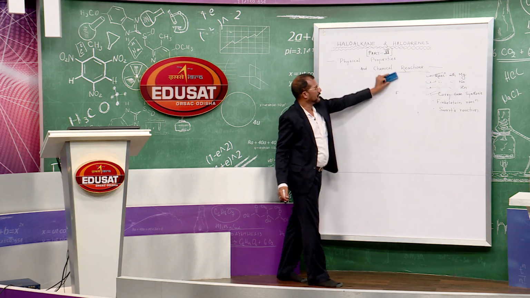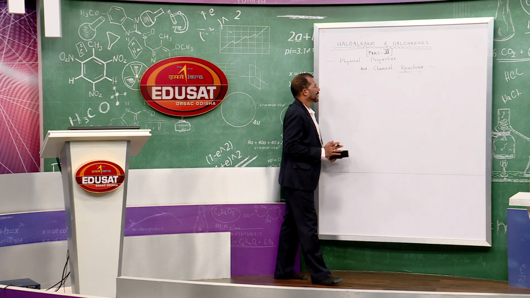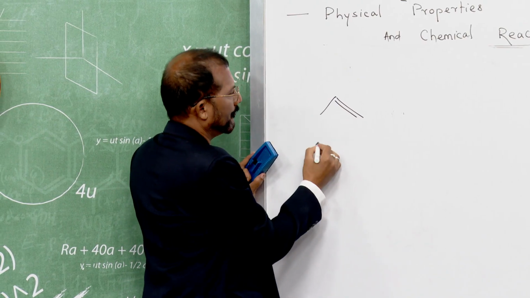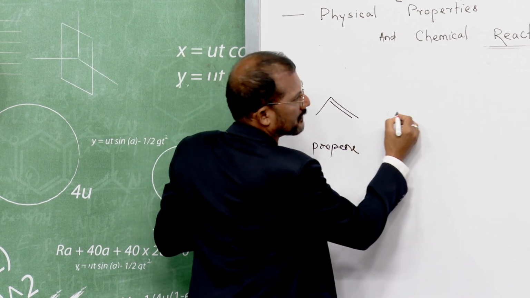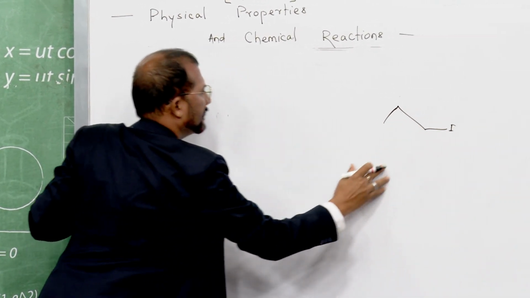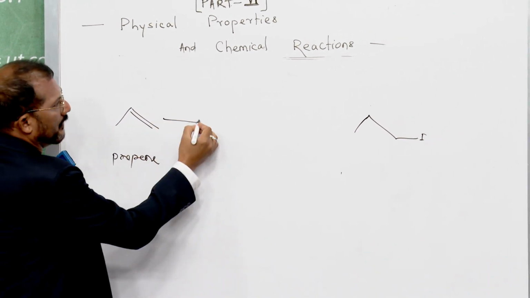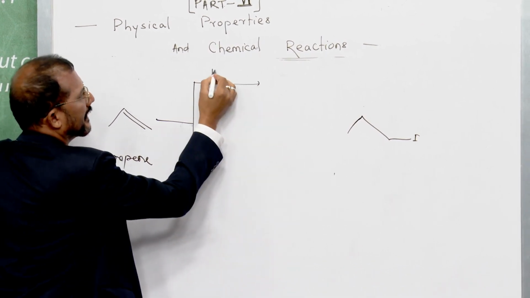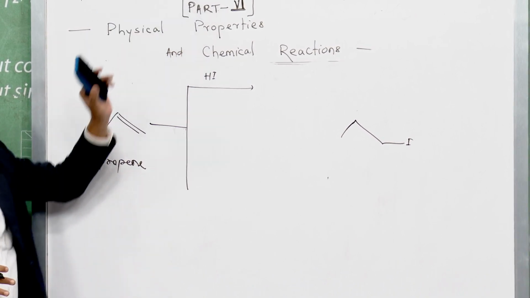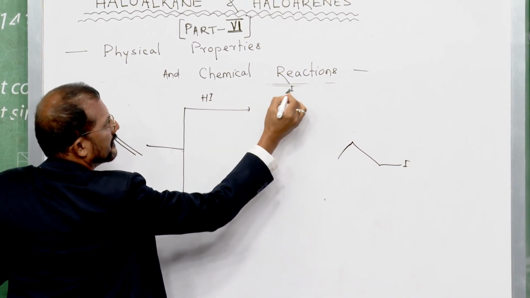Let us solve some examples and exercises, and the questions that come in examinations. Suppose this is propene, and we have to introduce iodine on this terminal carbon atom. But you cannot do this by treating with HI, because, as you read in the preparation of alkyl halides, it follows Markovnikov's rule, and iodine will be attached here.